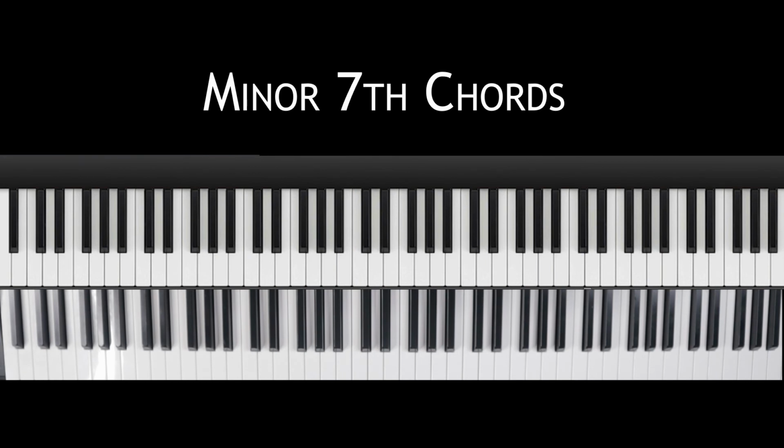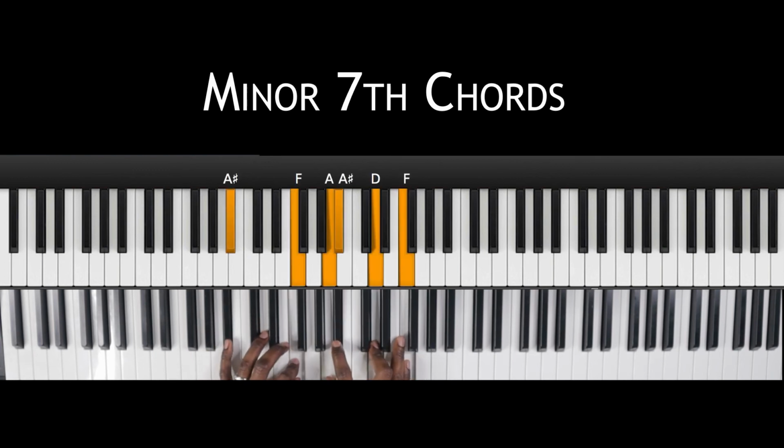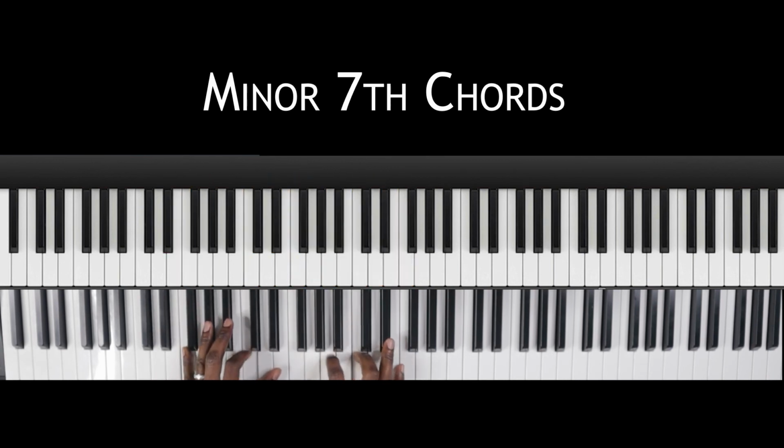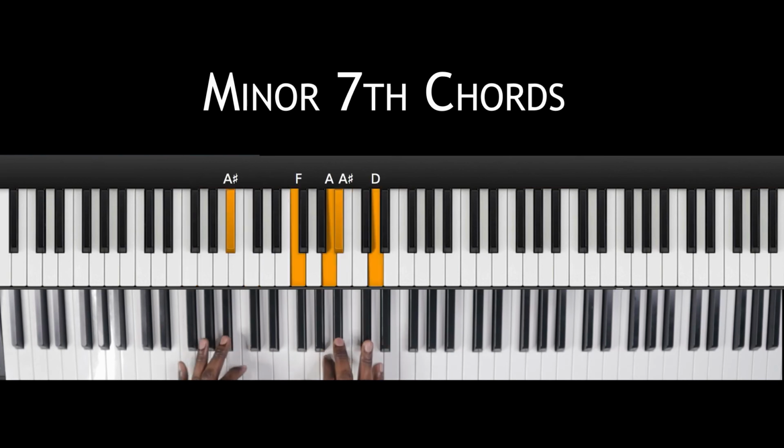Now if I said, hey, let's do that in B flat, you should be able to find it. To the 6, to the 4, to the 5. Check this out.